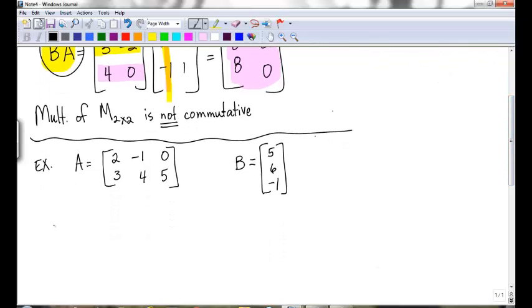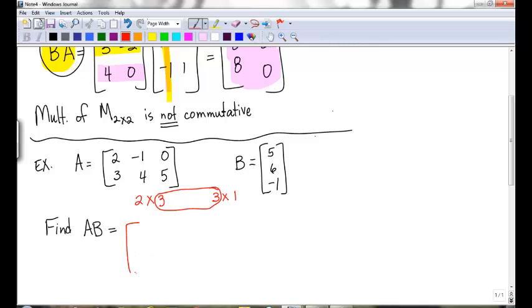Now if I ask you to find AB, first you have to decide, can it be done? Dimensions of this is a 2 by 3, and this is a 3 by 1. Can it be done? Yes. And my answer is a 2 by 1.